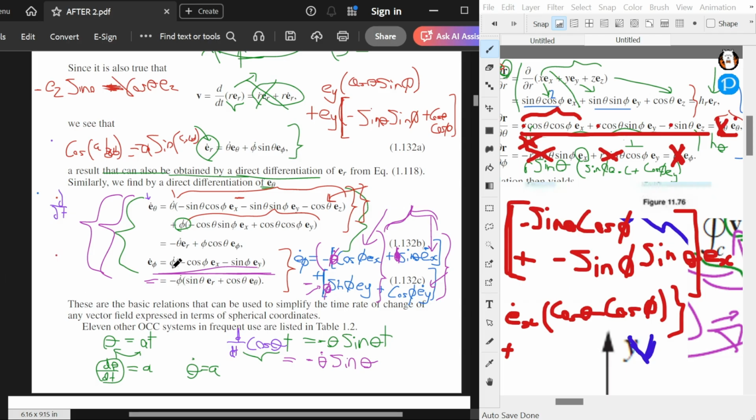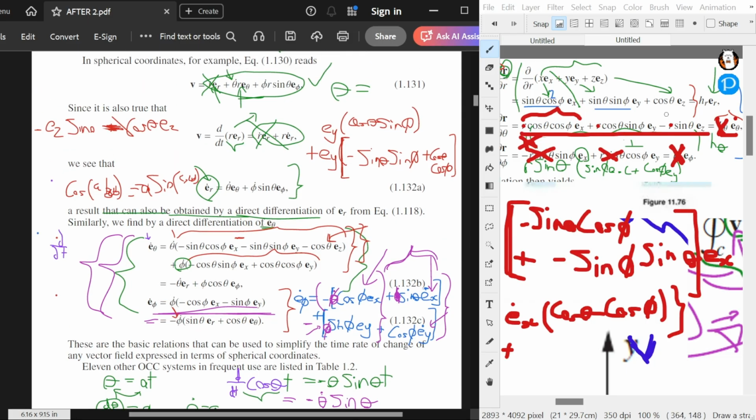Different color. He took out the minus sign, so it's out here now. We end up with sine theta ER plus cos theta E theta. They switch from phi to theta, and they switch from EX, EY to ER, E theta. Why? How come? Is there a relationship between EX and the ERs? There is over here, yeah.